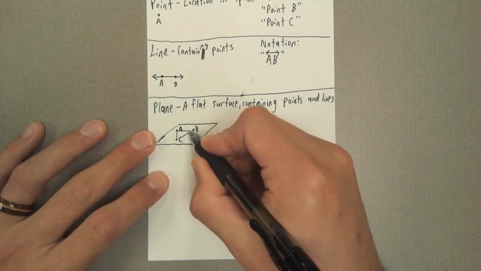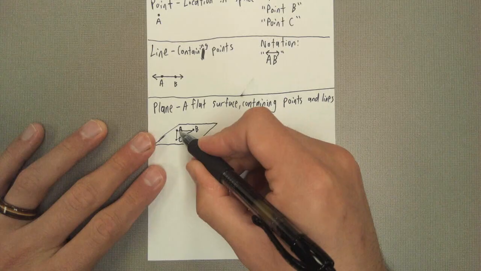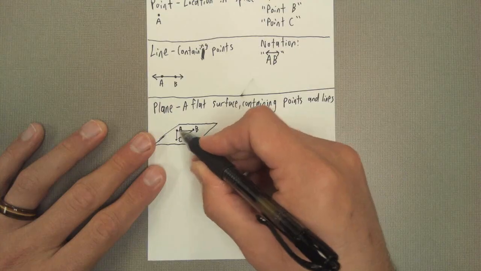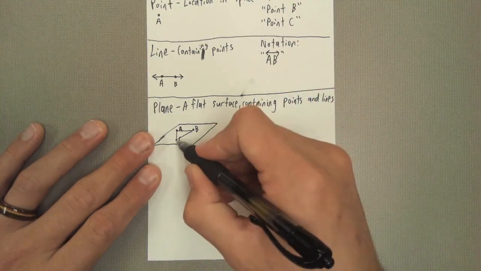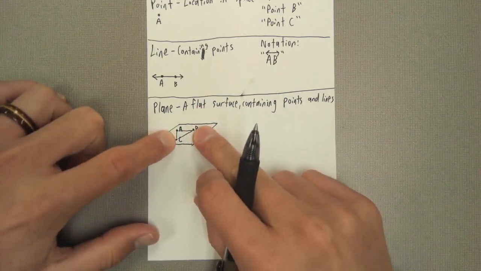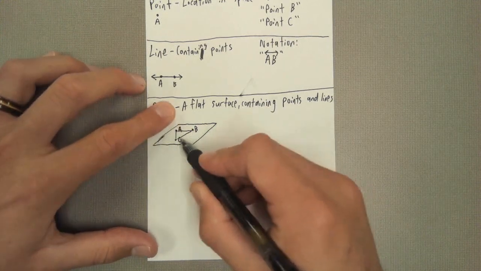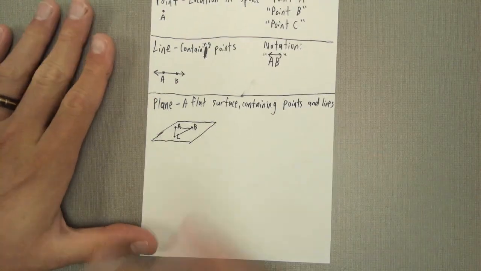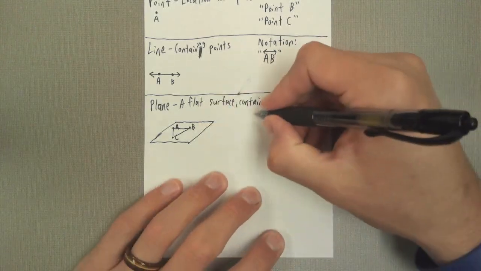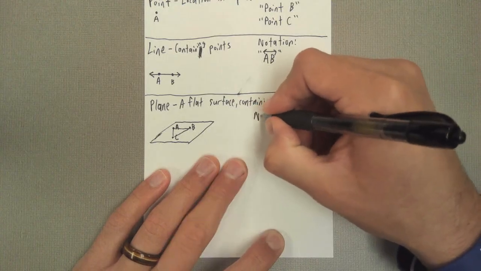No matter how I connect these, C is not on the same line between A and B. For example, AC is a line, and B is not on that line. CB is a line, and A is not on that line. So you can't have all three on the same line at once. Therefore, we can name this plane ABC, exactly like that. So that's the notation.